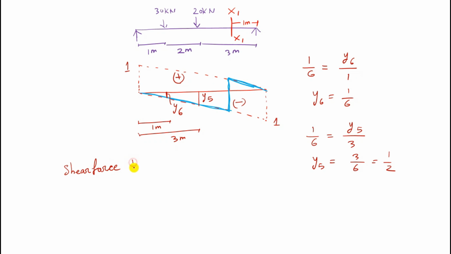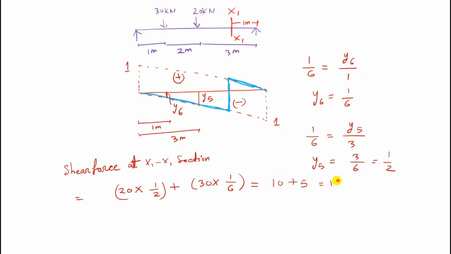So shear force at x1 section equals 20 into half plus 30 into 1 by 6, that is 10 plus 5, that is 15 kilonewton, and it is negative shear force.